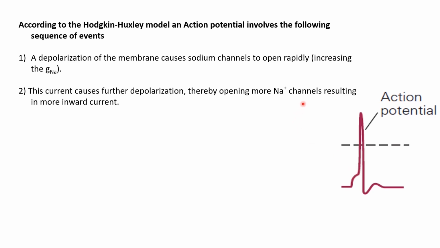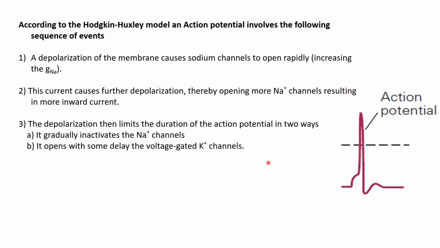As more sodium channels open, the membrane potential becomes even more positive. So there is a positive feedback loop that results in a very sharp rise of the membrane potential, and it will try to take the membrane potential towards the equilibrium potential of sodium ions, which is around plus 55 millivolts. That is the maximum possible value that it can reach.